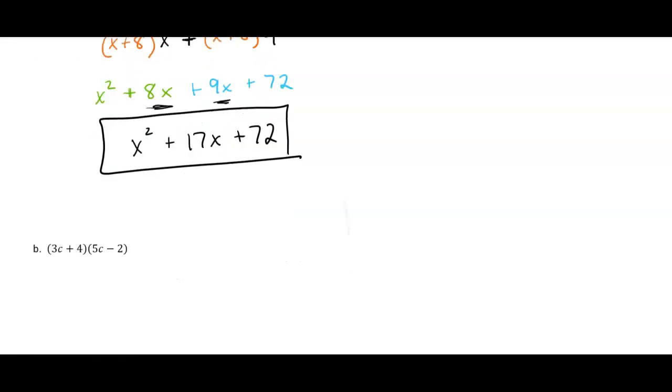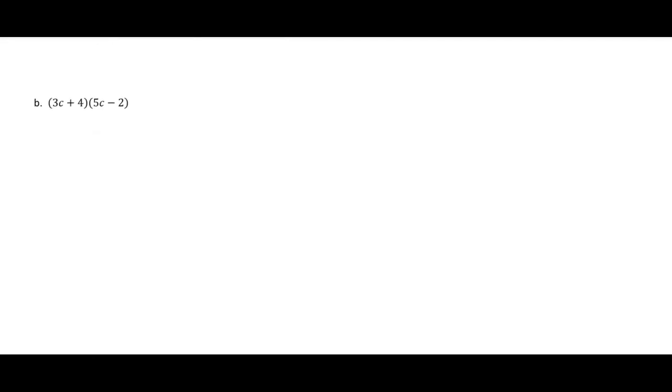Okay, so we're going to try another one. So we'll multiply, I'll just keep with my system here, 3c plus 4 times the 5. So that's going to be 3c plus 4 times 5c. I don't know if I said the c before.